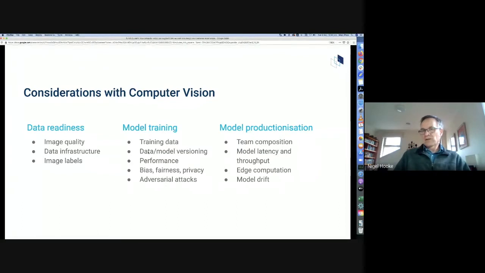You then go through a training phase where you teach the model to recognize those items in the images. And as you iterate through a number of variations of models and different versions of the data that go with it, you fairly soon have a data and model versioning challenge, and you have to be quite organized with the way you manage your data.